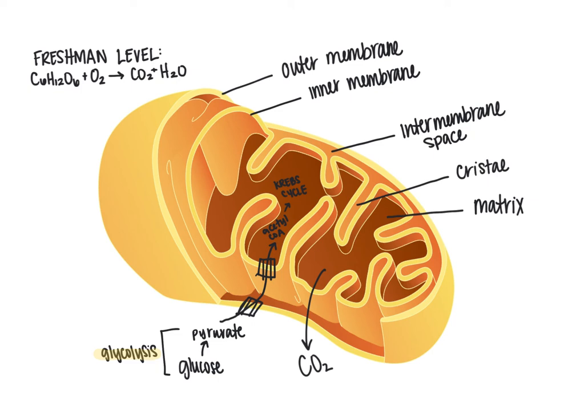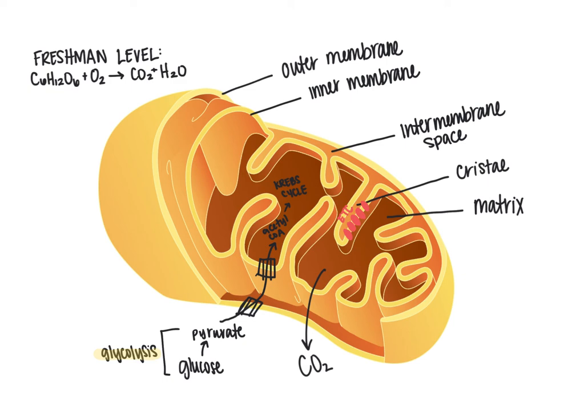Now, embedded in the inner membrane, you have a series of proteins that make up the electron transport chain. Now, the electron transport chain, in relation to the super basic freshman biology equation, this is where we take the oxygen.